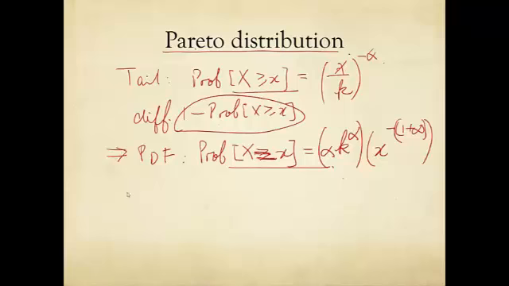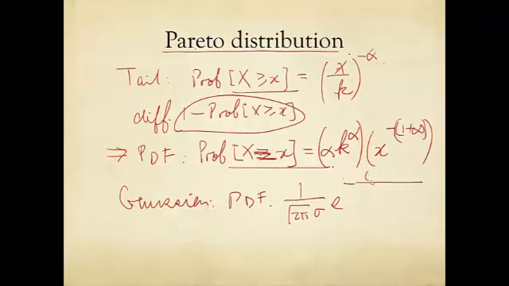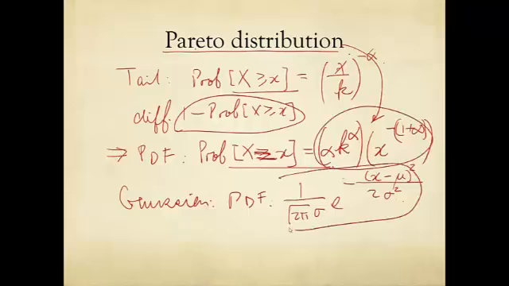Now, in contrast, for a Gaussian rather than a Pareto distribution, the PDF is, as you may recall, 1 over square root 2 pi times the standard deviation sigma, times exponential of minus x minus the mean mu squared over 2 sigma squared. So the Pareto distribution follows this, and the Gaussian follows this.